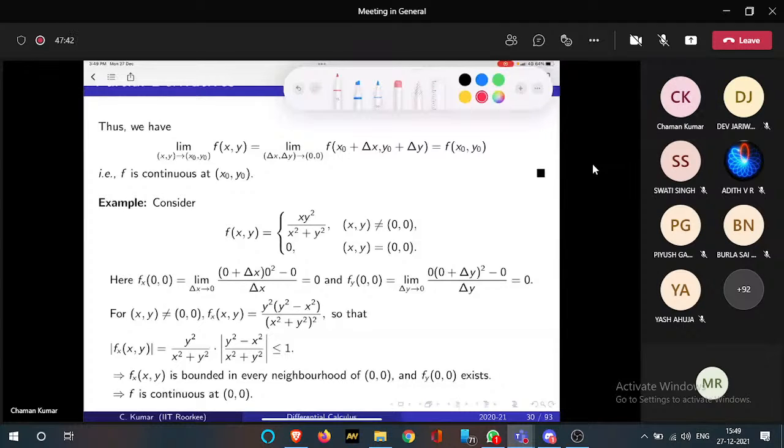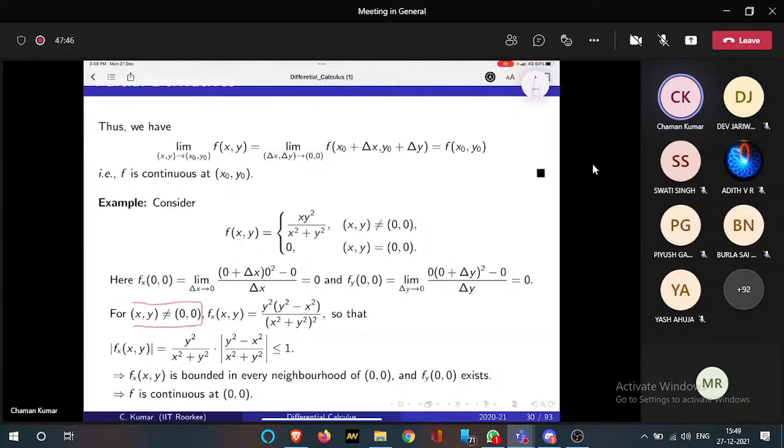When x and y are not 0, that means x and y are coming from the neighborhood of the point (0, 0). Then you calculate the partial derivative of this function with respect to x by treating y as constant.